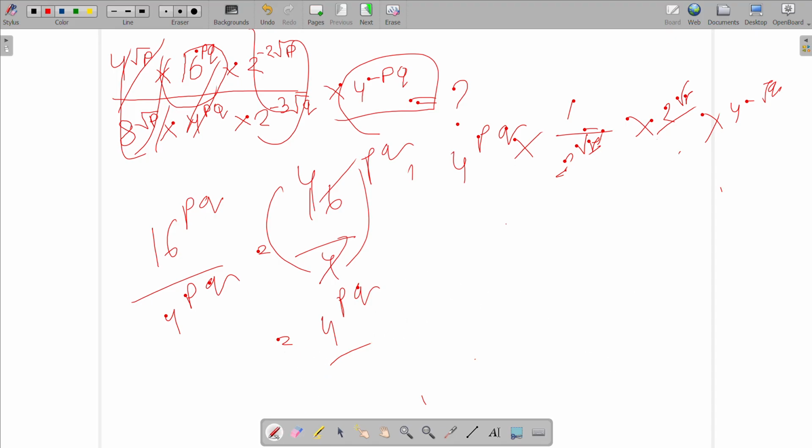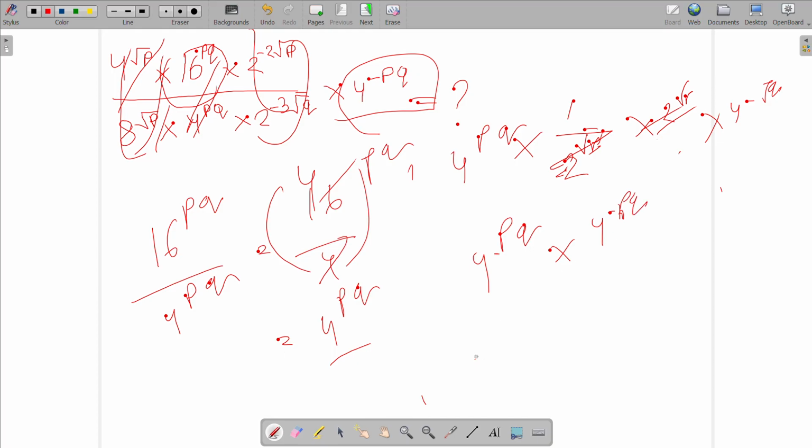This is 2 root p, and this is 2 root p. That means they share the same power, the same value, like 1 by a times 1 by a, so I can cross them out easily. Our next value is 4 to the power pq and then 4 to the power minus pq. So they are 4 to the power pq times 4 to the power minus pq.